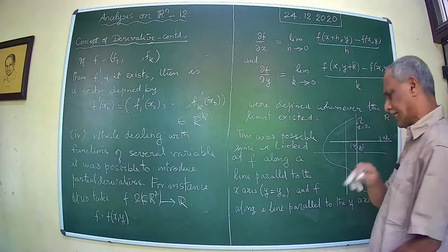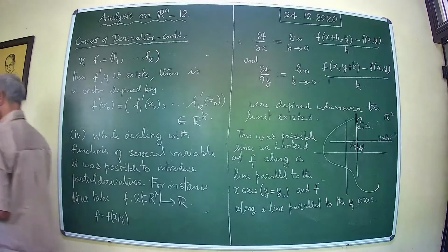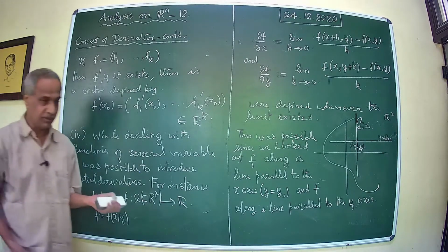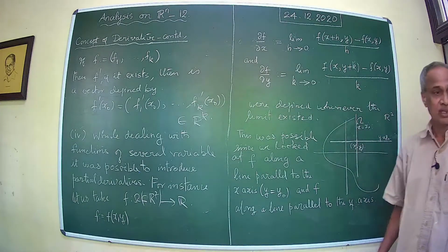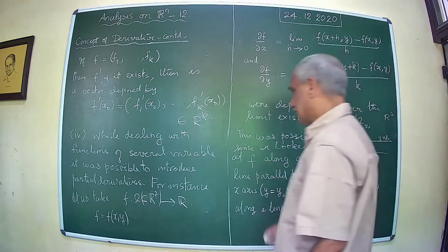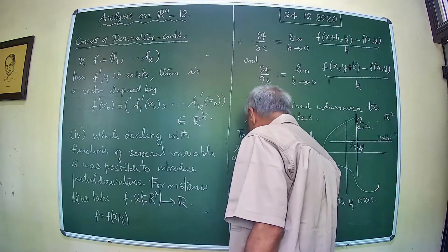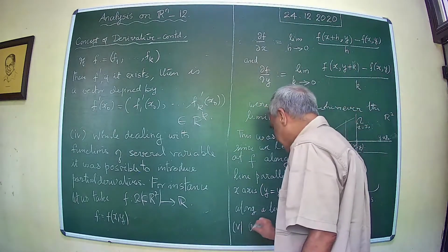You treat it in the direction of the coordinate axes. This one dimensional derivative is very well defined if the limit exists, because division by the increments was possible in that case. So there was no problem. Now the next stage was, one could immediately extend it.